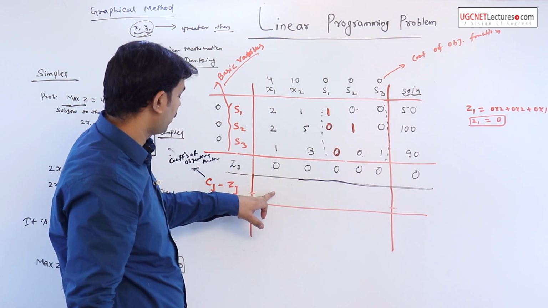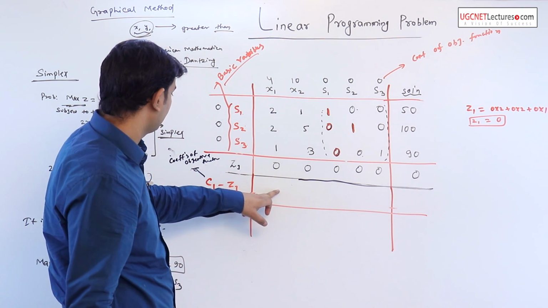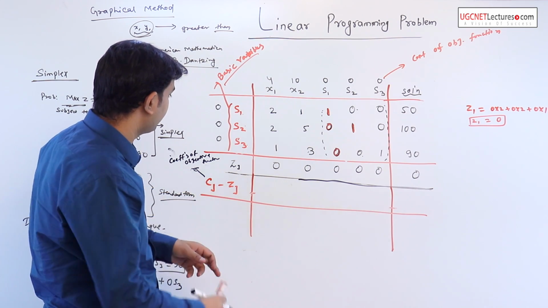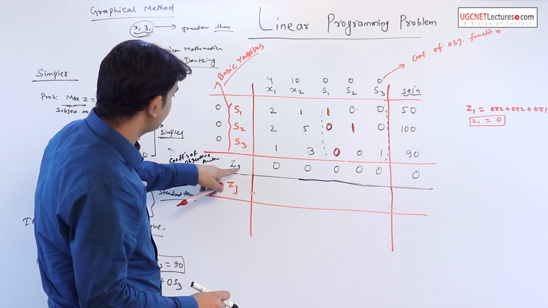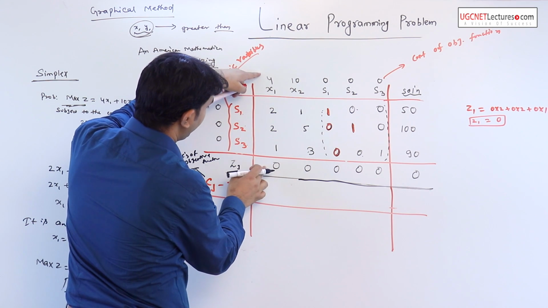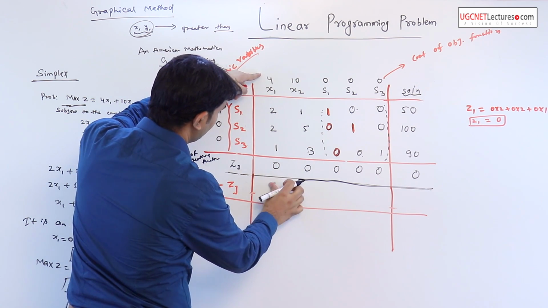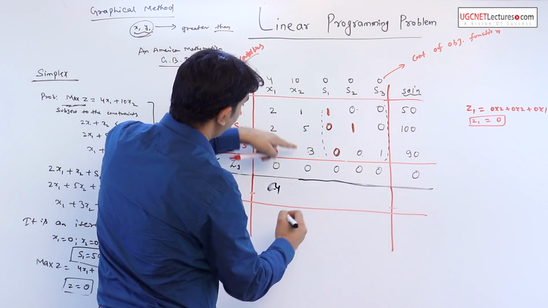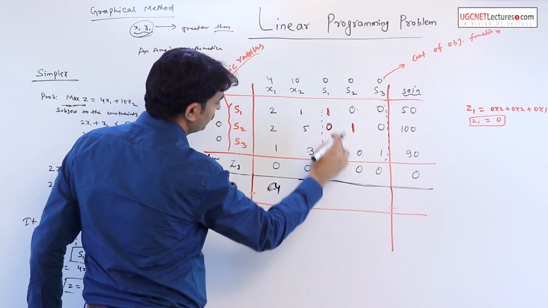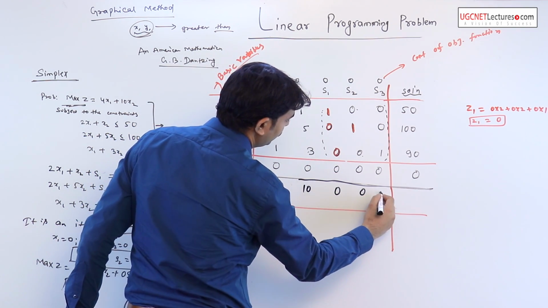So for this column, C1 minus Z1 means C1 is 4 and Z1 is 0. Here 4 minus 0, it gives 4. 10 minus 0, 10, 0, 0, 0.